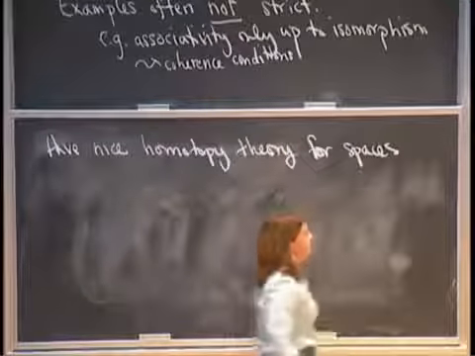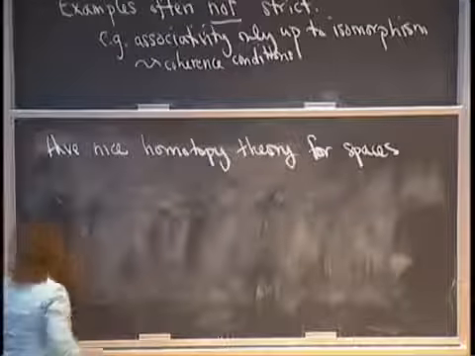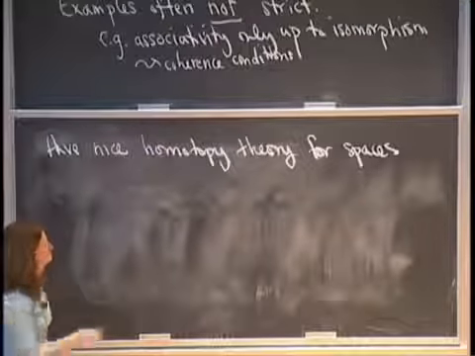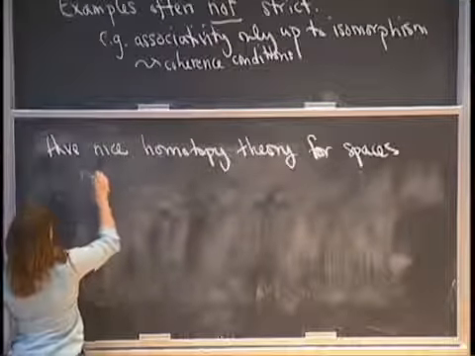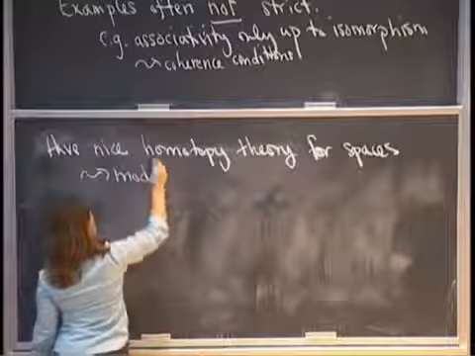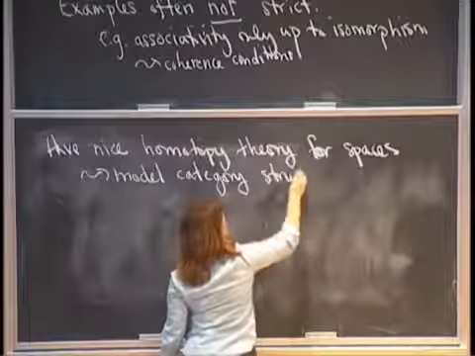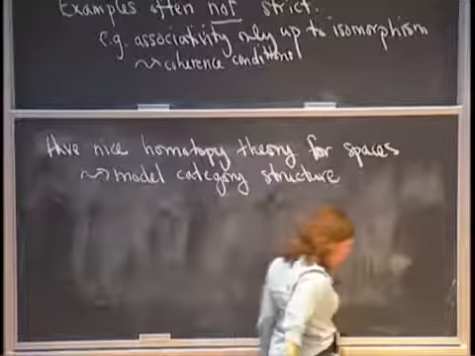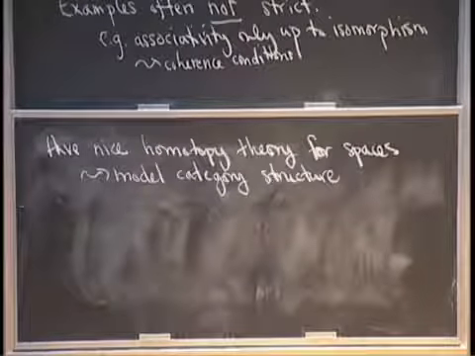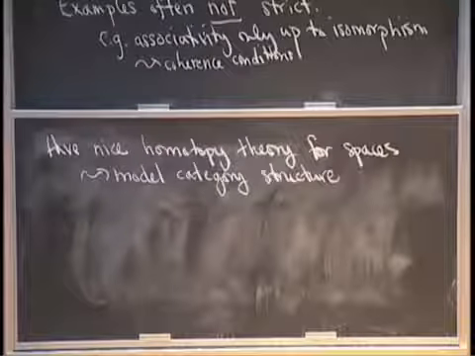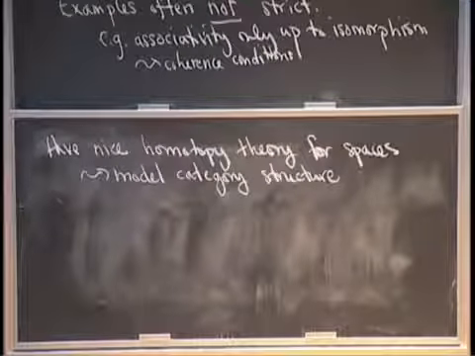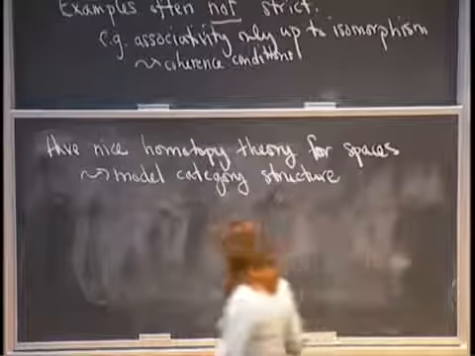Again, here I ambiguously use spaces because the model categories here are equivalent. All right, so we have no problem doing homotopy theory here.